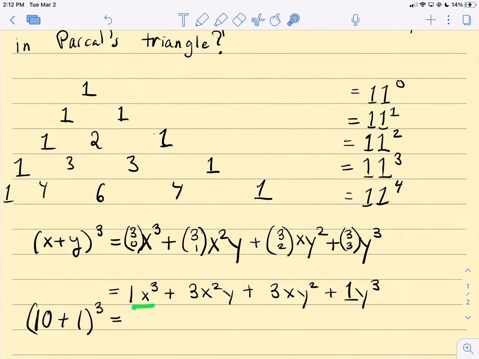What is 10 cubed? It's just 1,000, right? So this would just be 1 times 1,000 plus 3 times 100. But what about the y? Do we need to worry about the y at all?